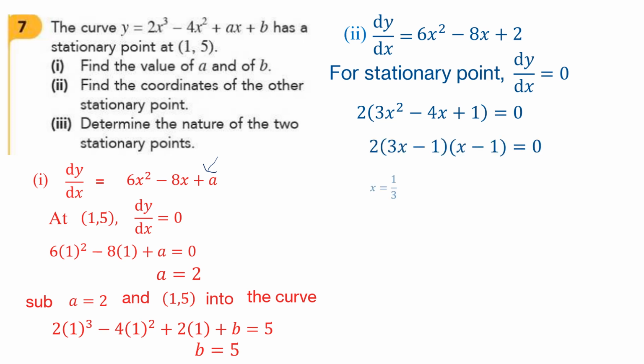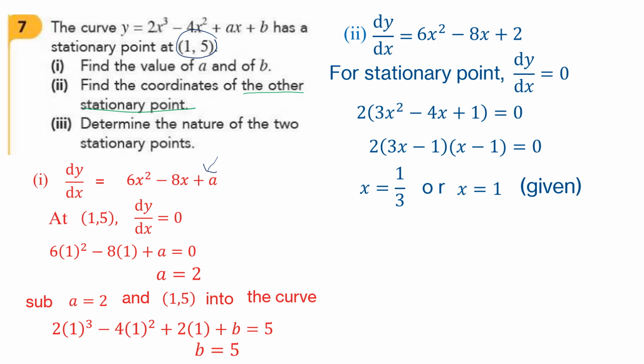And you can get x equals 1/3 or x equals 1. So x equals 1 is the one that's already given here. Right, it's already given there. So we just need to worry about x equals 1/3, because that is the other stationary point that we need to find.